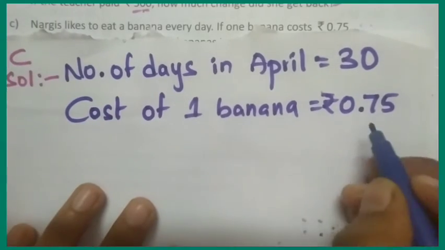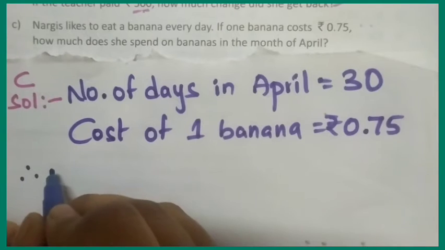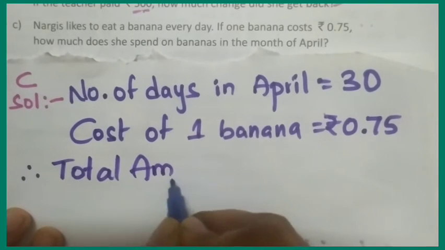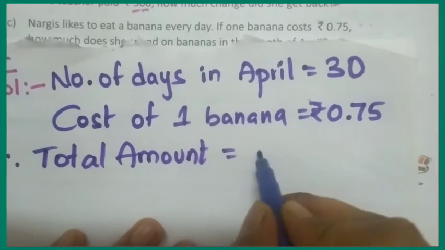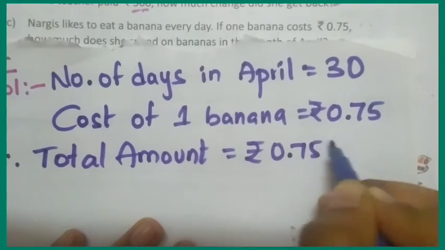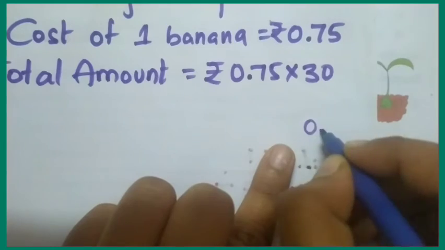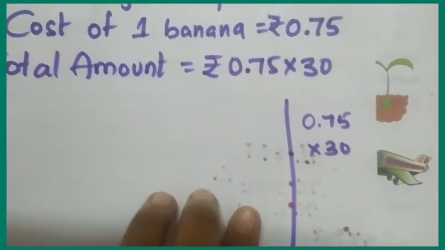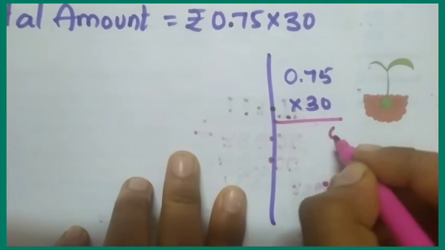Okay, now we'll multiply these two. Then we'll get the total amount she spent for bananas in the month of April. 0.75 into 30. I will do here 0.75 into 30. When we multiply any number with 0, we will get 0 only.